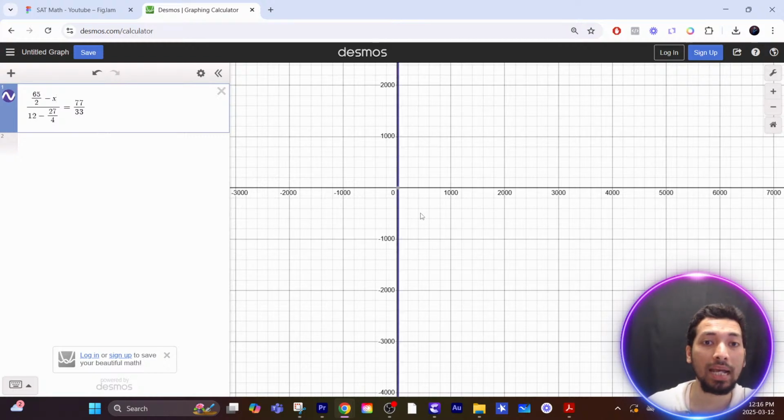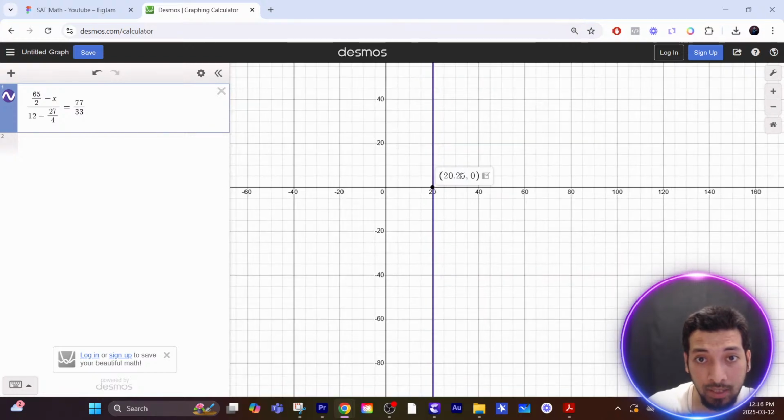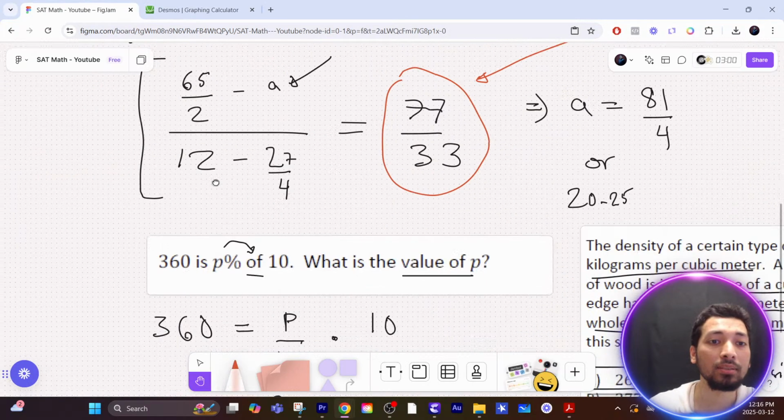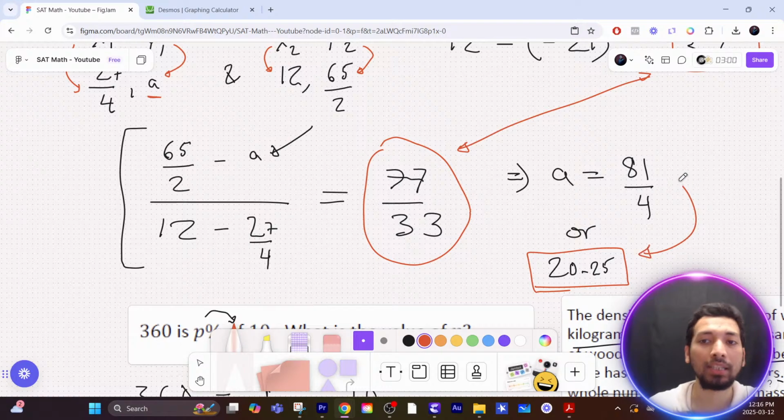So I'll just put it as x. And you can see that the value is 20.25, which is the same as 81 over 4. You can also write the answer in decimals. That should be fine. So this is our answer, 20.25. Or you can also write it in fraction, 81 over 4.